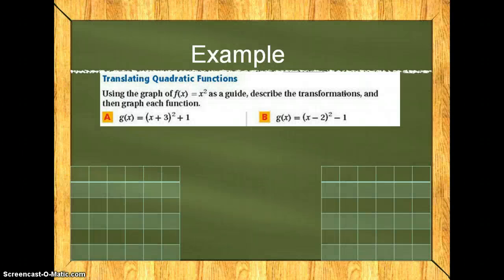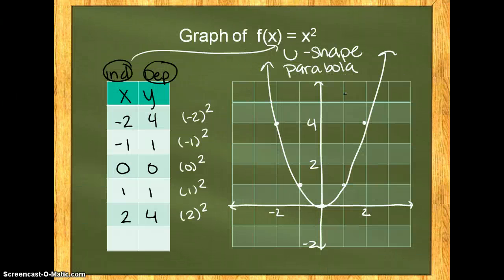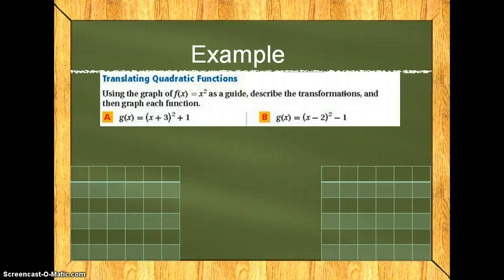So our example says to translate quadratic functions. So we're going to use the graph that we just did of x squared as a guide, and we're going to describe the transformations and then graph each function. To describe the transformations, you need to go back to the last chapter and remember that if it is inside of the parentheses, as it is here, then it is opposite and horizontal.